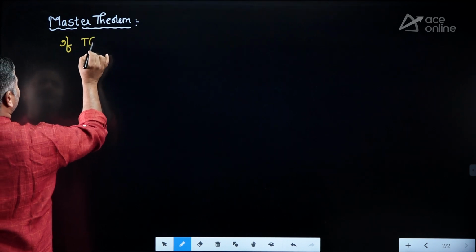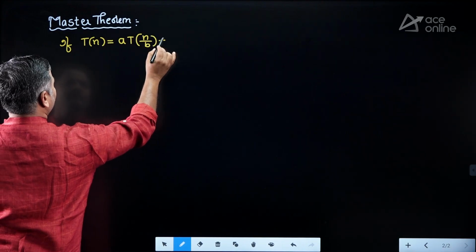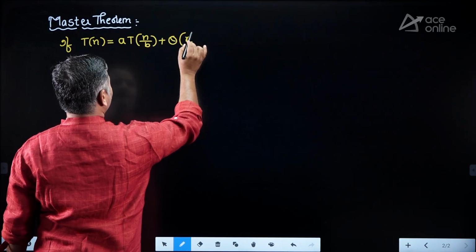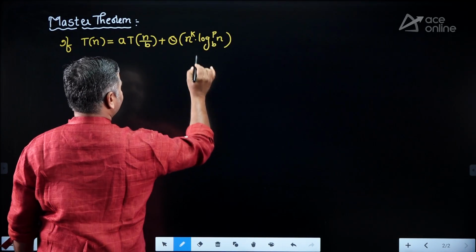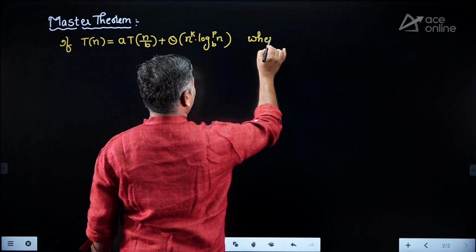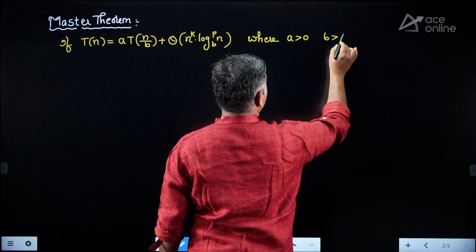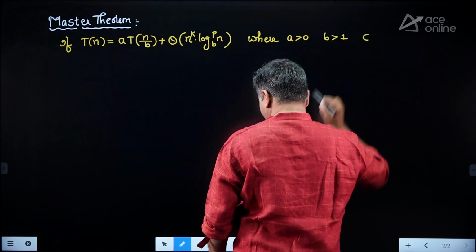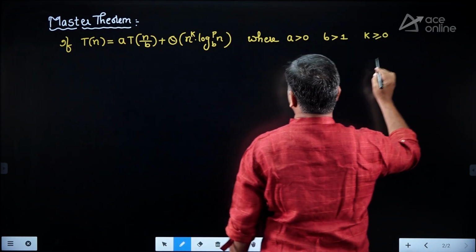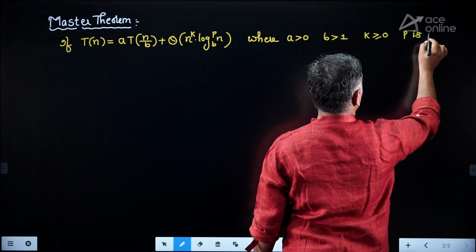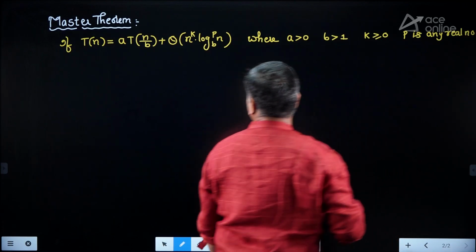Suppose T(n) = a T(n/b) + theta(n^k log^p n) to the base b, where a is greater than 0, b is greater than 1, k is greater than or equal to 0, and p is any real number. P is any real number means we can allow negative numbers also.